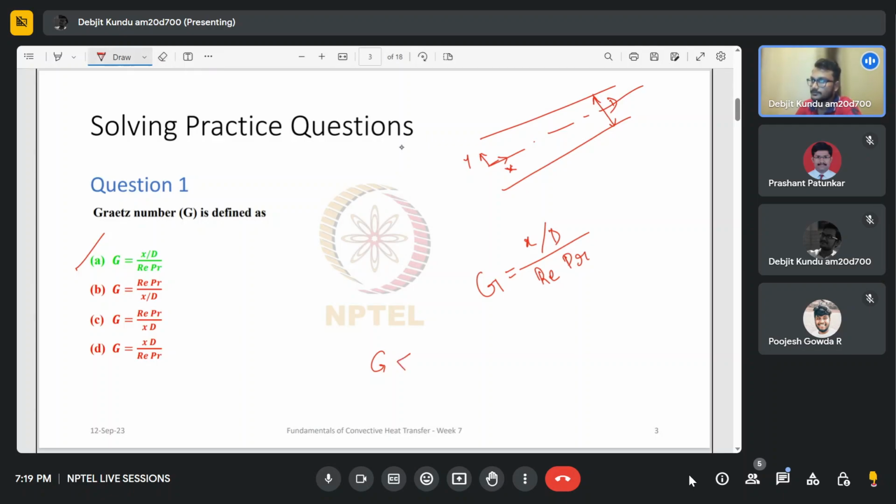If G is much less than 1, then that means we are still within the developing flow. And if it is much higher, then we are past the entrance length and we should consider a fully developed flow.